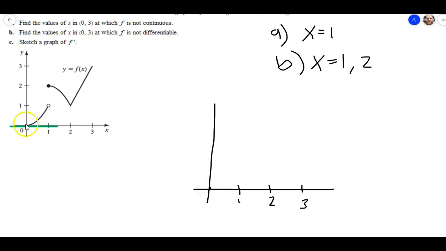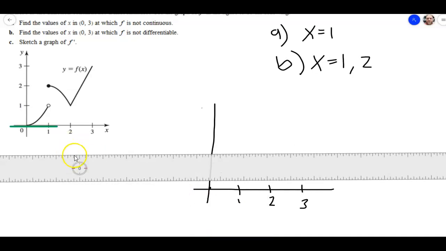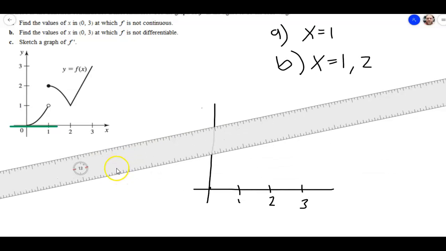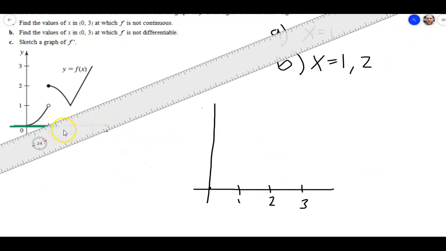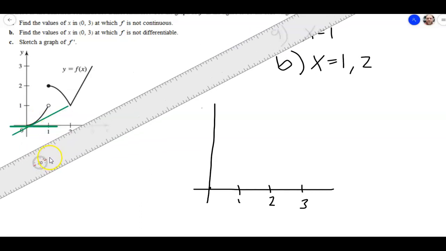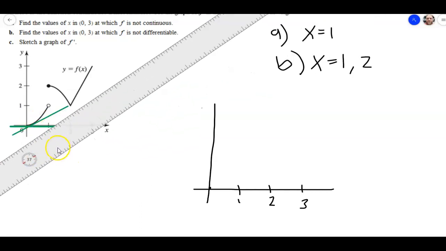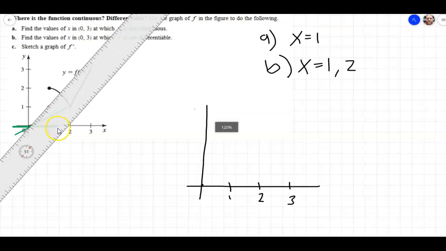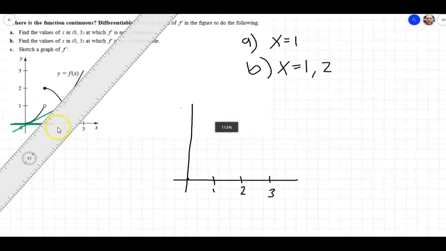Now as we move from 0 to 1, notice that this tangent line as we move along goes from quite gradual. So as we go up a little bit, that's the slope right there. And then as we get closer to 1, we have a pretty steep slope.